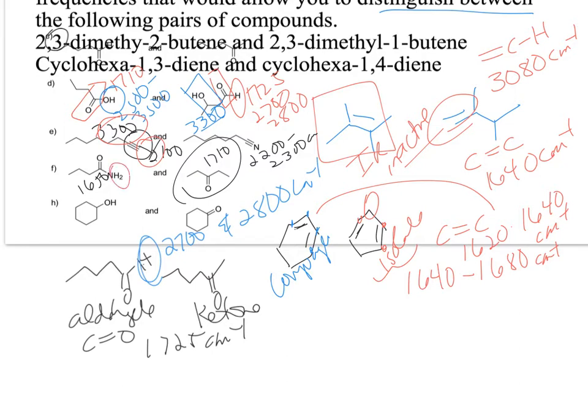But for the amide, you're also going to see likely two peaks around 3300, showing you that it's got two NH bonds. Okay, so we have an alcohol versus a ketone. So you're going to see this around 1710, that ketone. This one, you're not going to see that carbonyl, but you'll see a broad peak around 3300 for that OH stretch.